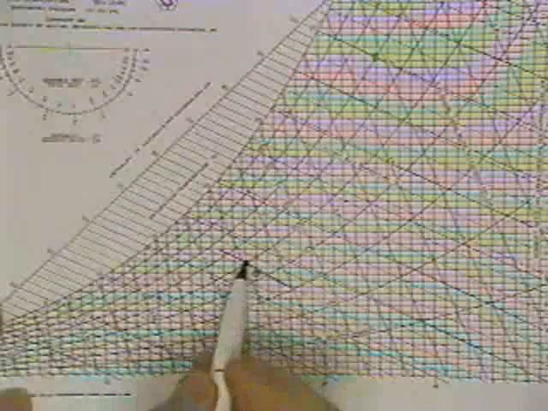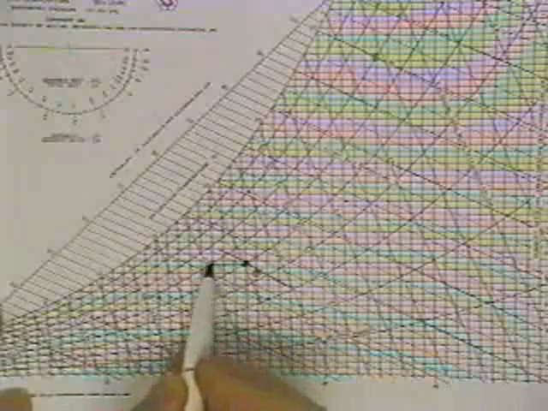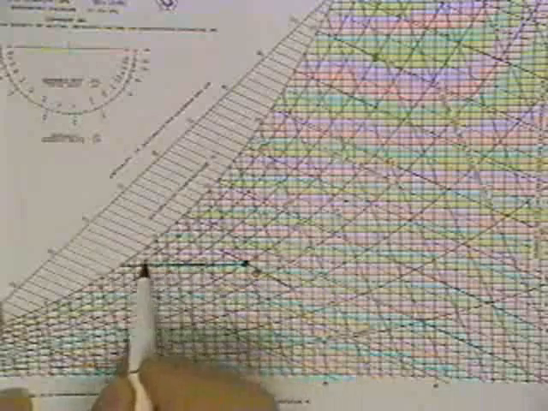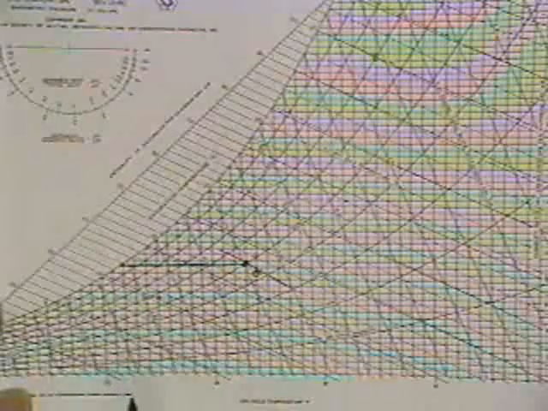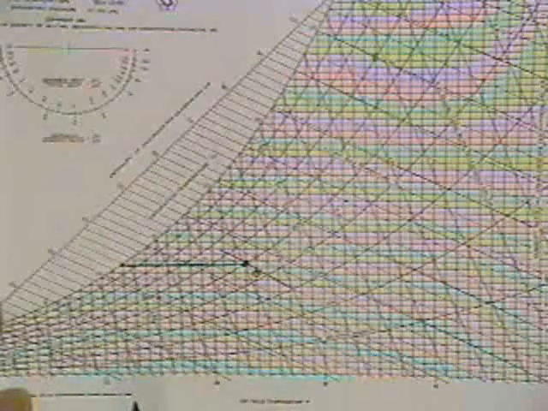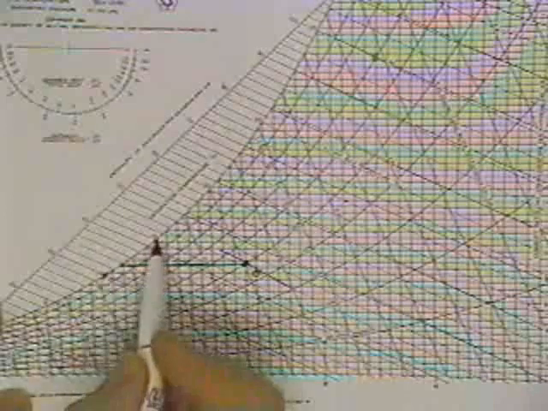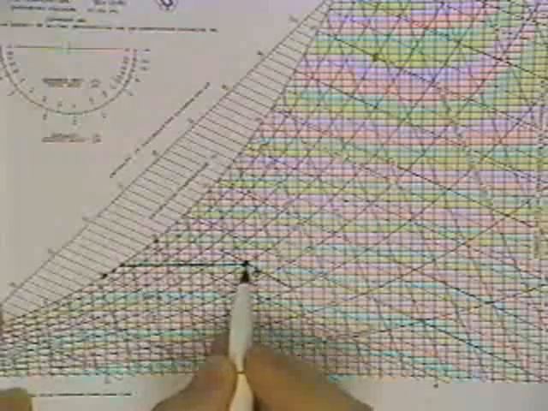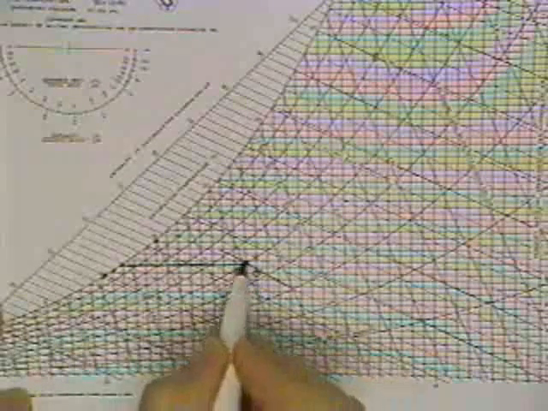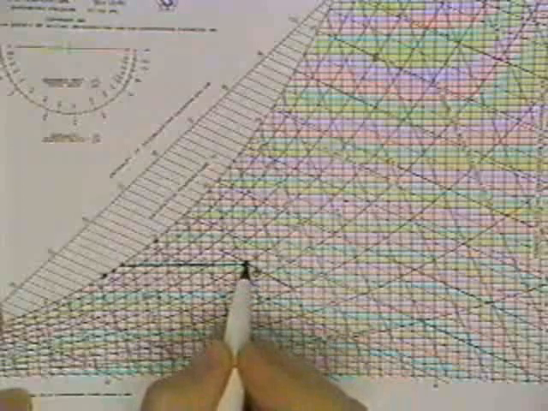The dew point is found from a horizontal line from your point over to the axis here, intercepting horizontally what the dew point is, and I read that as about 11.8. You can see where you are: this is 10 here, this is 15, this is 11, so this is about 11.8. So the dew point temperature is about 11.8 degrees centigrade, and the wet bulb is about 16.3 degrees centigrade.